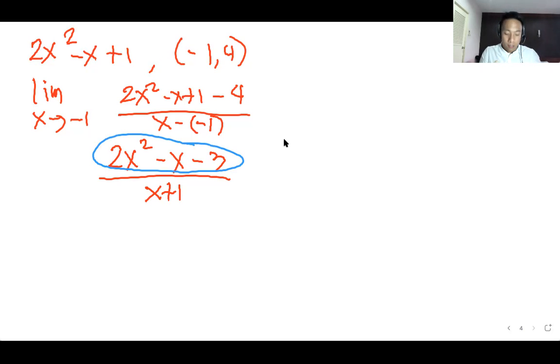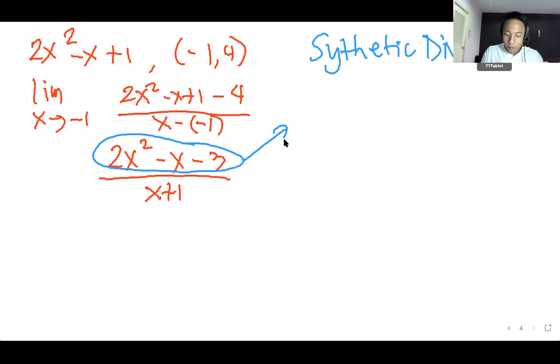This one can be solved when you're in grade 10. I think this one is the first quarter, if I'm not mistaken. So we can use what we call synthetic division. Okay? So ano yung synthetic division na yan? This is how we can use this.